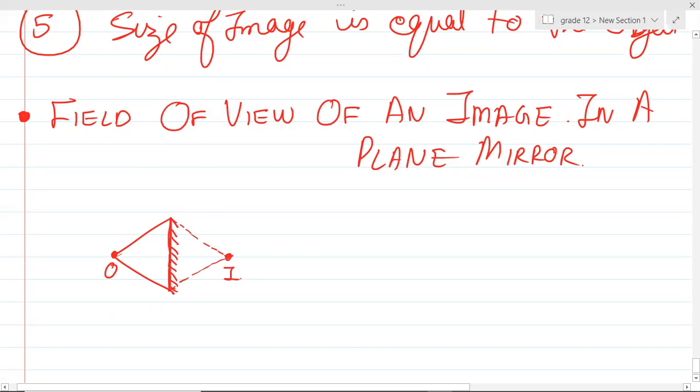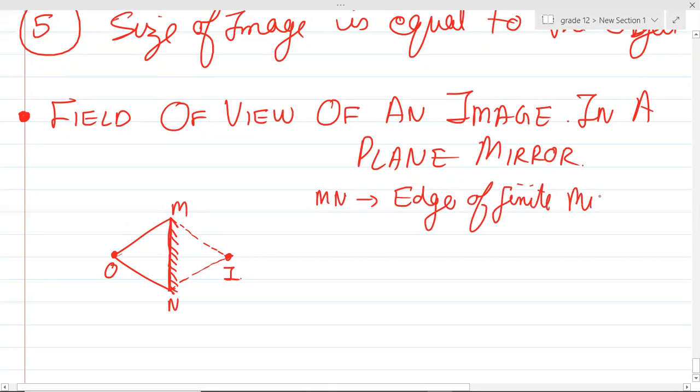Can you see this particular thing, guys? The image for this object will be placed over here. And can you see over here, guys? This is basically the edge of the mirror. MN is basically what? The edge of the finite mirror, right?